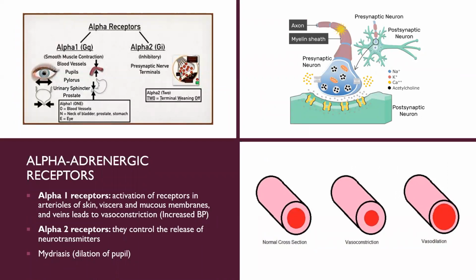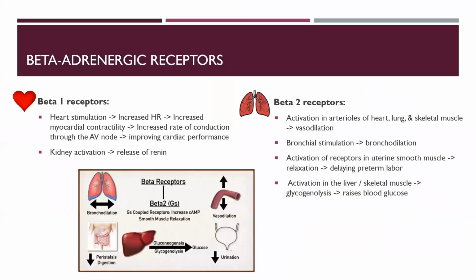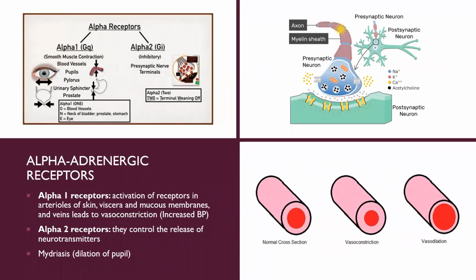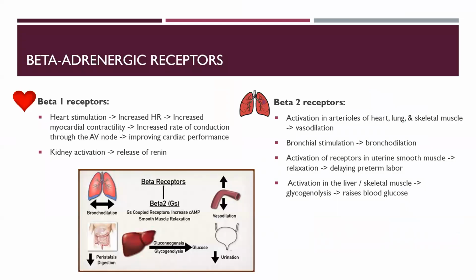I don't. Okay. So just keep in the back of your mind, if I'm talking about alpha, I'm usually talking about blood pressure, vasoconstriction. When I'm talking about beta-1, I'm talking about that heart rate. Beta-2, I'm talking more about lungs, blood glucose, things of that nature.